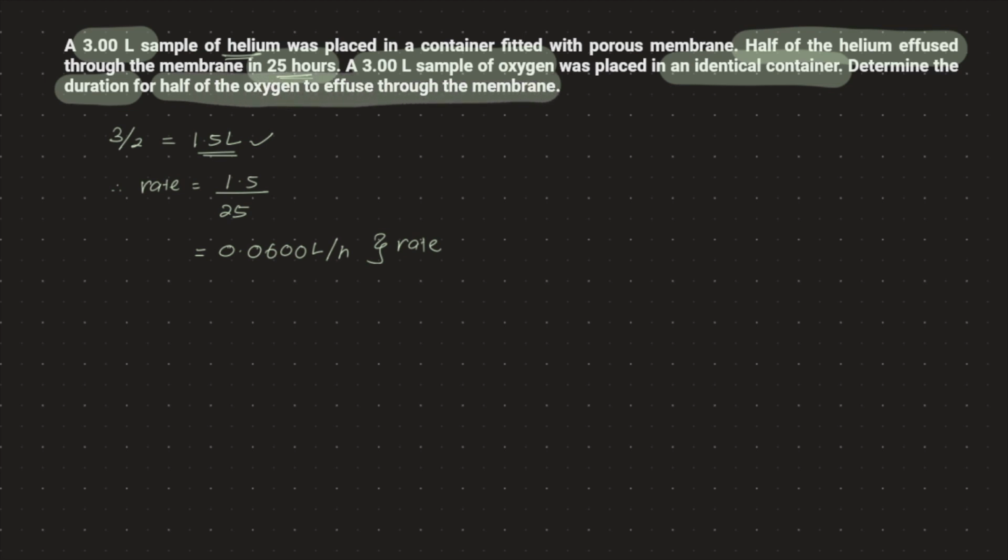So what we are going to do now is use Graham's law again, whereby Graham's law states that rate B divided by rate A is equivalent to the square root of the molecular weight of A divided by the molecular weight of B. We already know rate A, which is helium, and now we are going to find rate B. So the rate of helium is 0.06, and this relates to the molecular weight of helium divided by the molecular weight of oxygen gas.